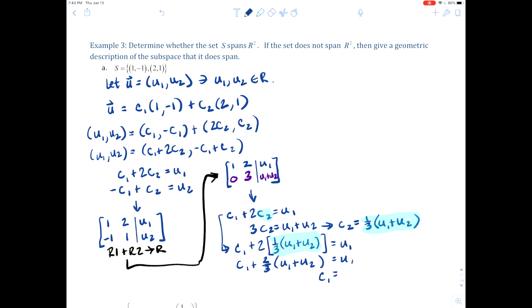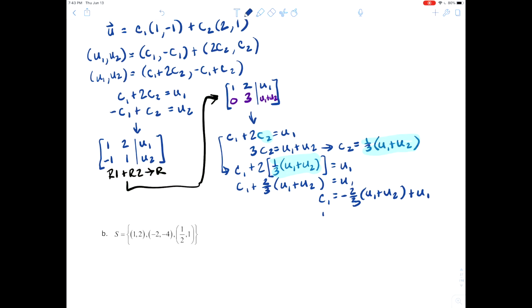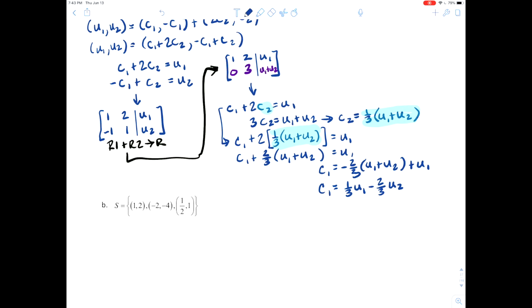Isolating C1, we'll have -2/3 times quantity U1 plus U2 plus U1. And so C1 will equal, -2/3 U1 plus U1 would be 1/3 U1, and then minus 2/3 U2. Cool, cool? So what have we found?